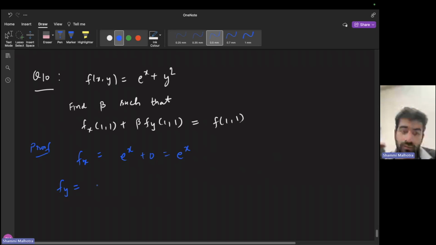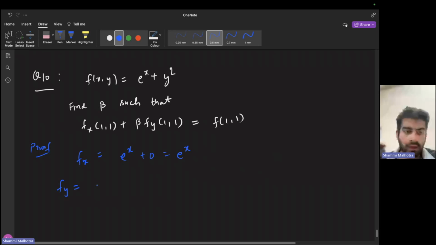And finally, the value f(1, 1) will be e plus 1 squared, which is e plus 1 only. So we have f_x(1, 1) plus beta times f_y(1, 1) equal to f(1, 1). This implies e plus beta times 2 equals e plus 1.